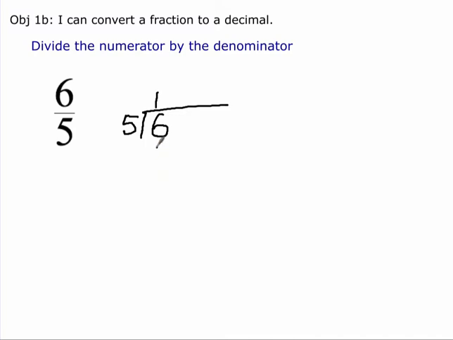And then we multiply times 5, minus it, and we get 1. So we want to keep going. So we're going to put a point and a 0 here. How many times, if I bring down this 0, does 5 go into 10? It goes 2 times. So our answer on this one, 6 over 5, is the same as 1.2.